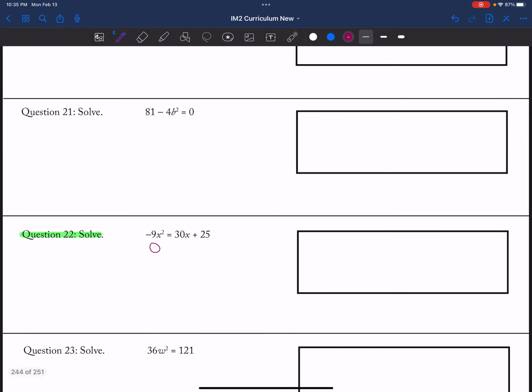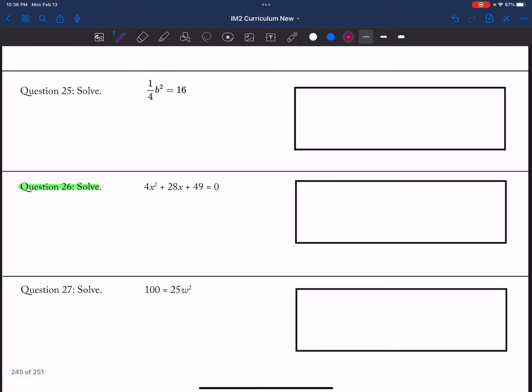Okay, so 0 is equal to 9x squared plus 30x plus 25. So again, square root of 9 is 3, square root of 25 is 5. So this is 0, 3x plus 5, because it's all addition, and 3x plus 5. So x is equal to negative 5/3.